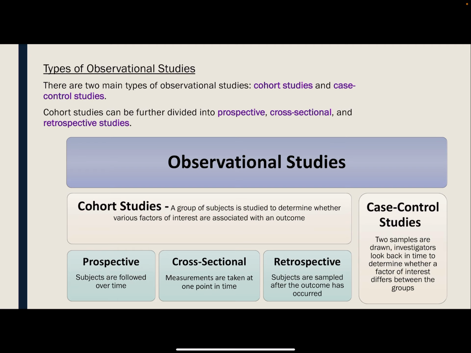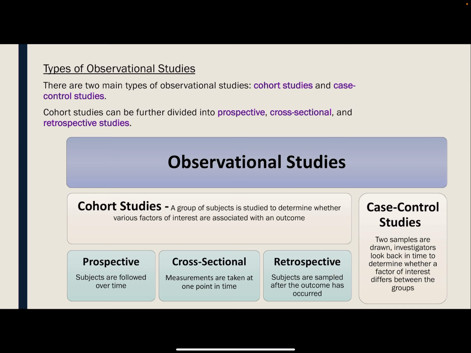Cross-sectional studies are when a certain measurement is taken at a single point in time. So maybe, for example, my dad has MS, so I hear a lot of studies about MS. Maybe they take a group of subjects and measure their vitamin D levels and then look at whether or not they have MS. So there was a measurement taken at a single moment in time to look at vitamin D levels and their correlation with MS. You cannot look at this as a causality because there are too many other confounding variables in the background.